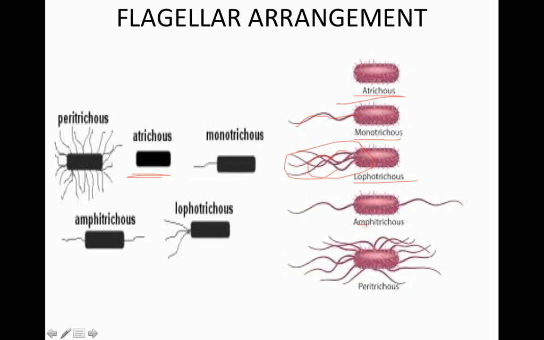Amphi means a single polar flagella coming out from both the poles. From both ends, a single flagella is coming out, and the commonest is peritrichous, where the flagella are seen all around the bacteria, and this shows that the bacteria is highly motile.